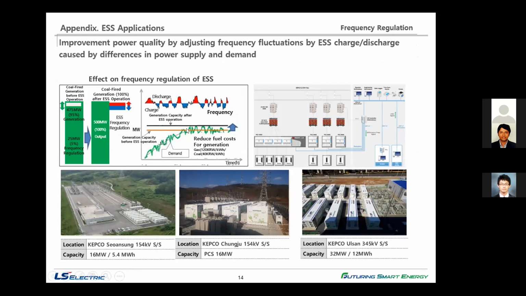It doesn't go beyond the limits all the time, but at critical times it does. So the ESS, energy storage system, is put in as an extra in order to reduce fuel costs for the generation. And here I mentioned gas and coal in Korea, where the cost per kilowatt hour sometimes goes more than 15 cents as well.